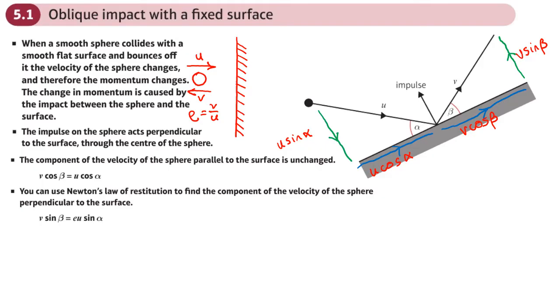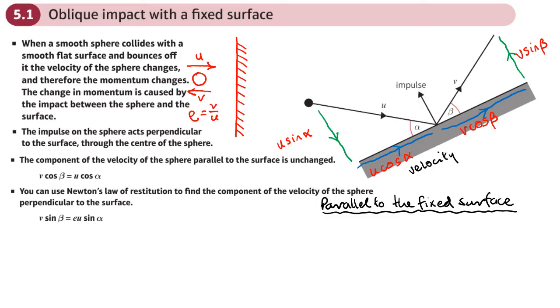Now what's special about this is that if we look at the components which are parallel to the fixed surface or the fixed plane, those velocities don't change. So they're constant. So velocity is constant in this direction. That will give us this equation, which is u cos alpha equals v cos beta.